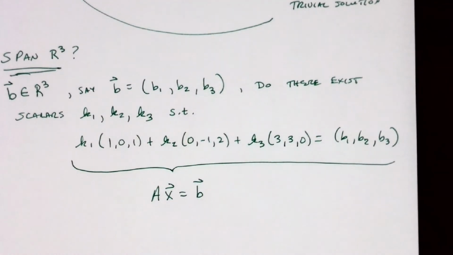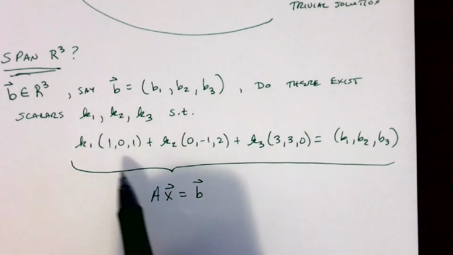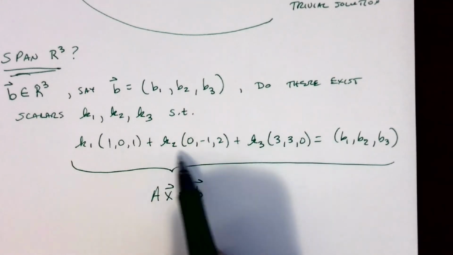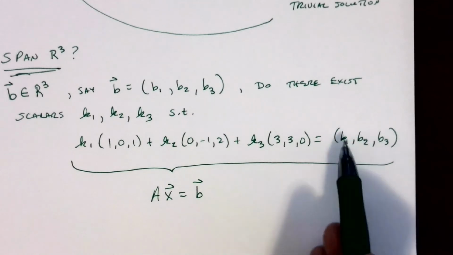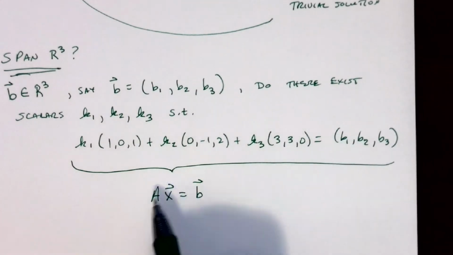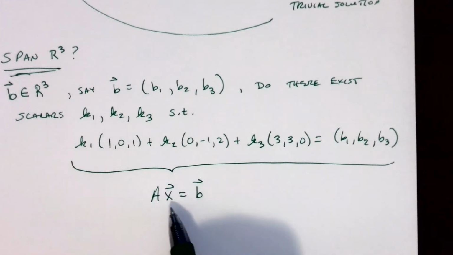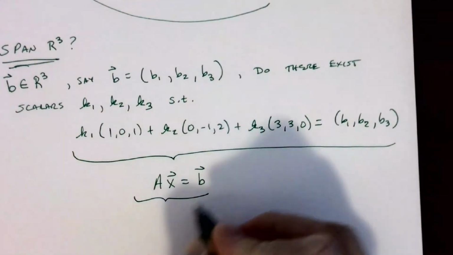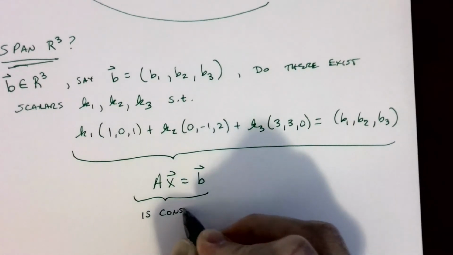Okay, so what's the question? Do there exist scalars? Does this equation always have a solution no matter what b1, b2, and b3 are? That's the question, which translates into what? Is this system consistent? Does it have a solution for every such b? That sounds familiar. Again, A is 3 by 3. This system is consistent if what?